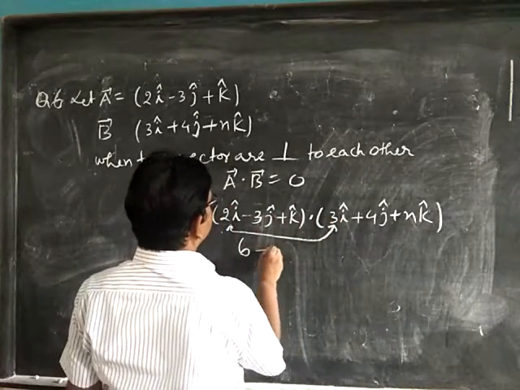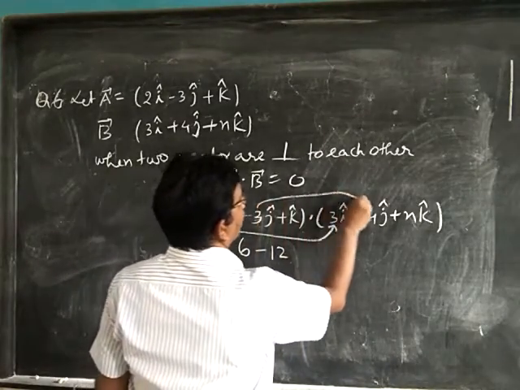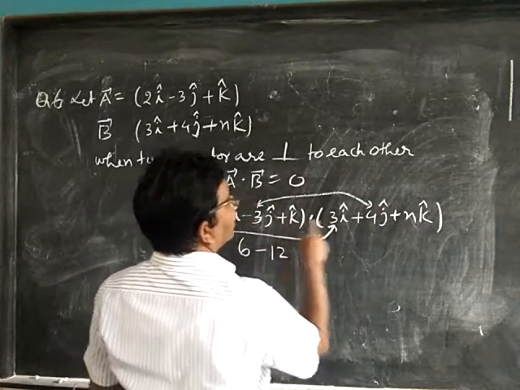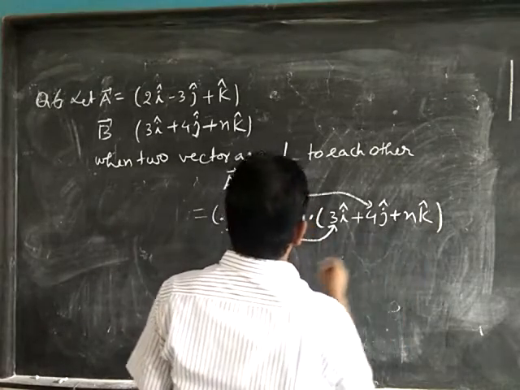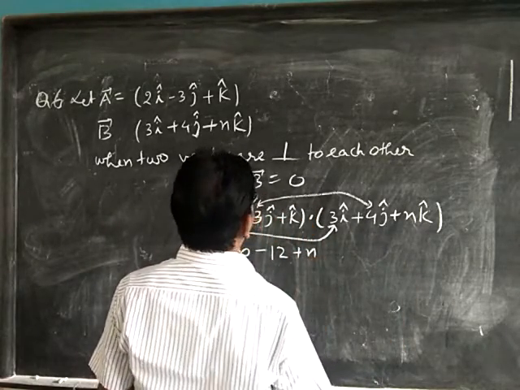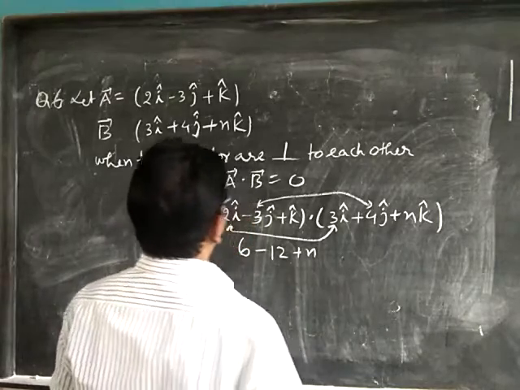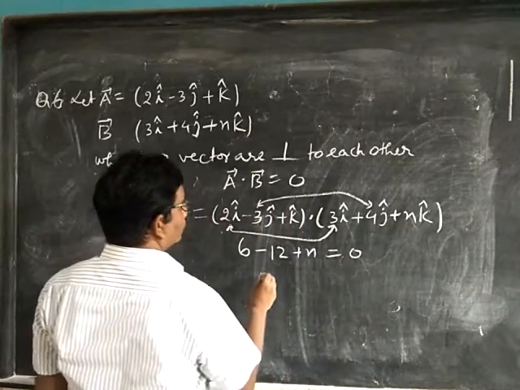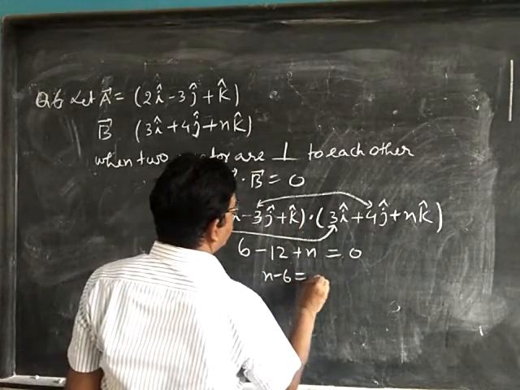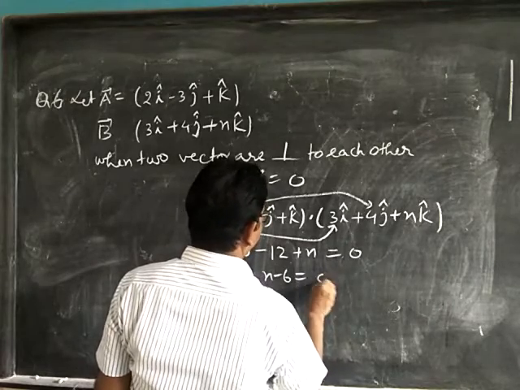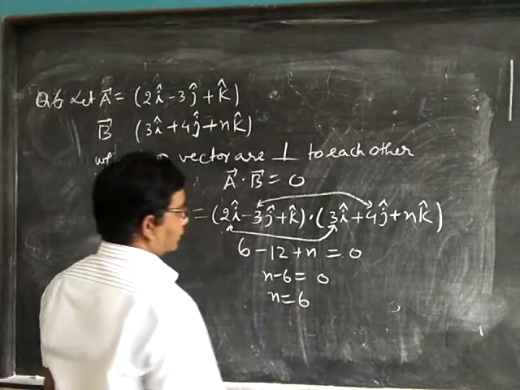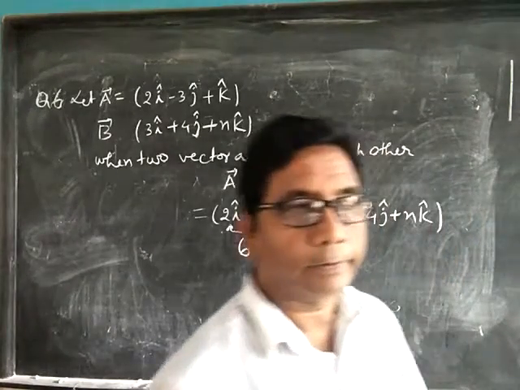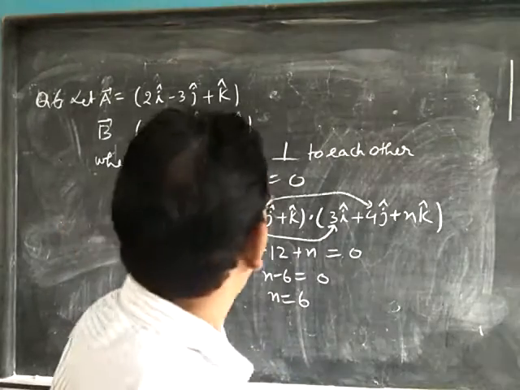This becomes minus 12, 3 4 j, and here the coefficient of k is 1 and 1 multiplied by k dot k is equal to 1, plus n is equal to 0, that is n minus 6 is equal to 0, that is n is equal to 6. We have to find the value of n, then the value of n is 6.